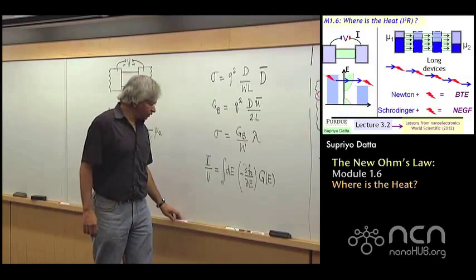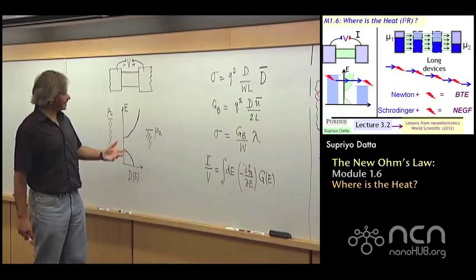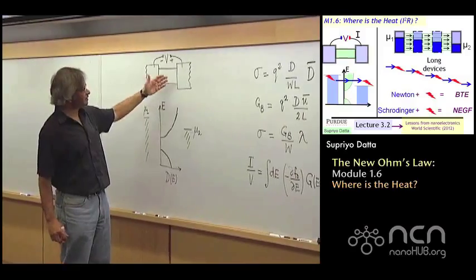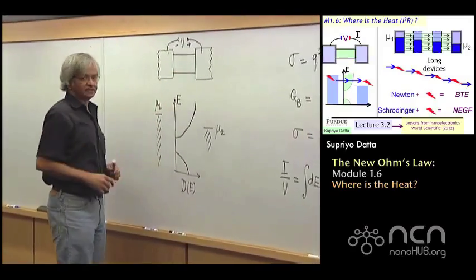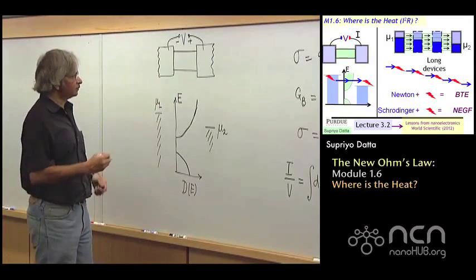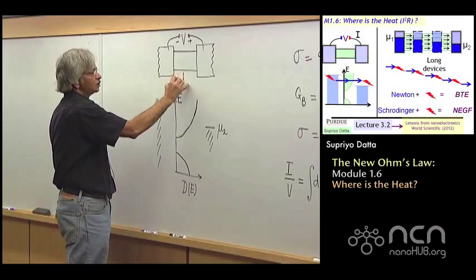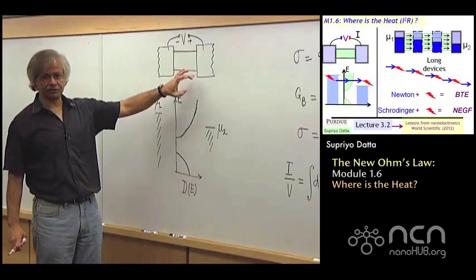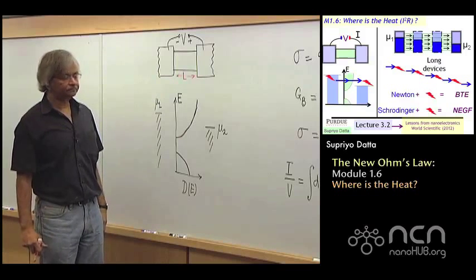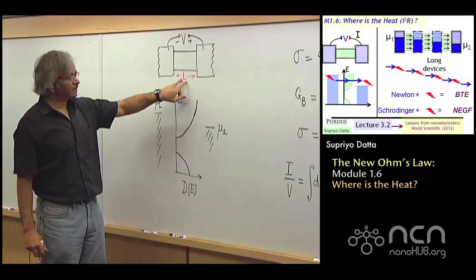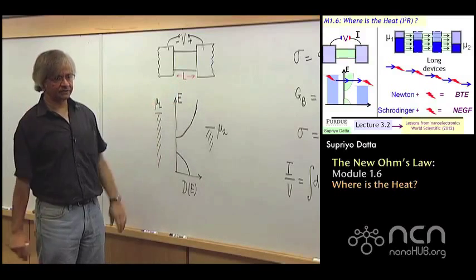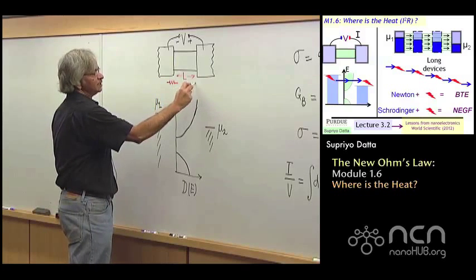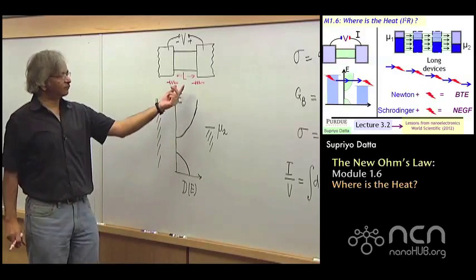And you could think of it as if there is an additional resistance sort of in series with the regular resistance. That is, Ohm's law tells you that the resistance of this part should be proportional to this length. And what we are saying is when length goes to 0, gets to be really small, the resistance doesn't go to 0. There is a constant resistance. And that constant resistance you could view as something in series with the resistance of the channel itself.